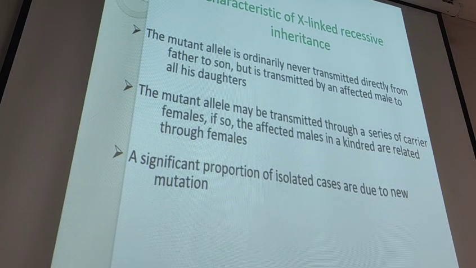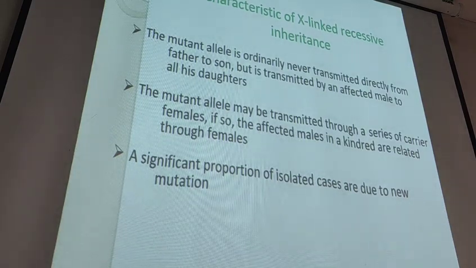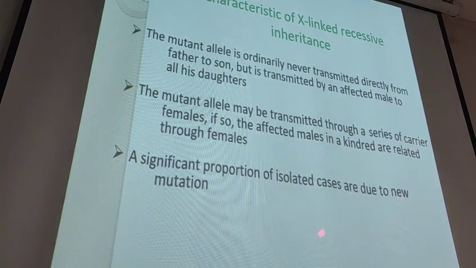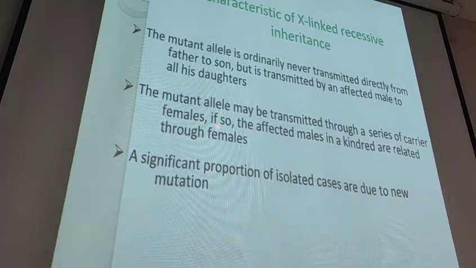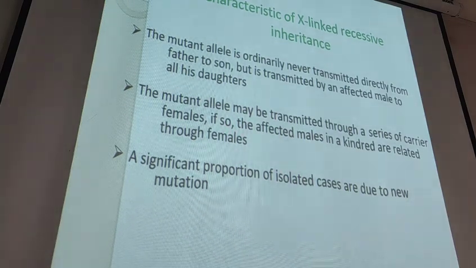Maybe transmitted through a series of carrier females: carrier female, carrier female, carrier female, then affected males. Usually a significant proportion of isolated cases can happen because of new mutation.